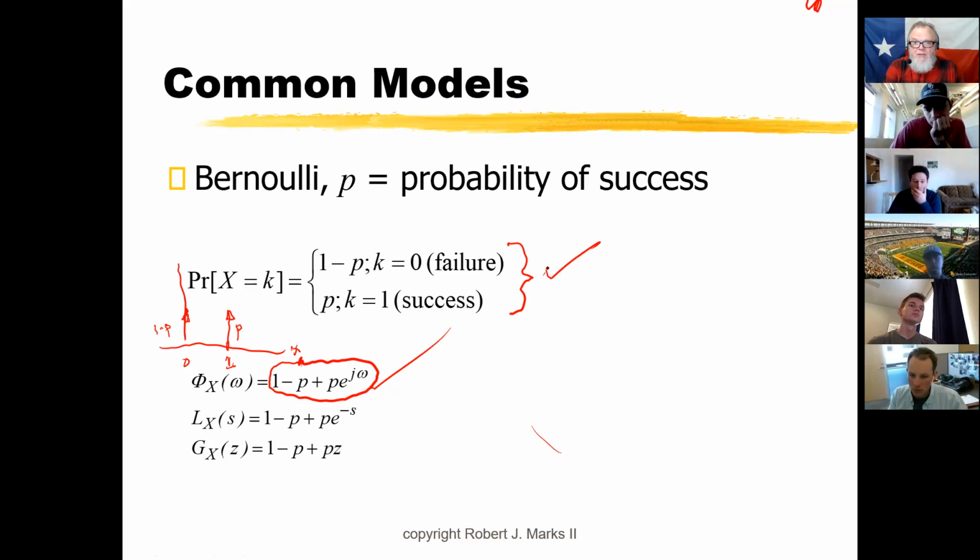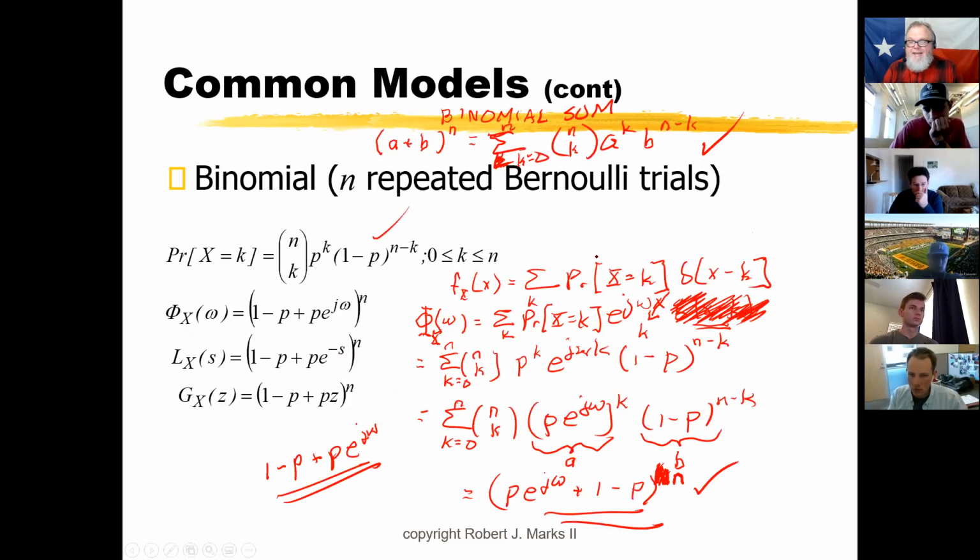If we convolve this with itself n times, do we get the binomial? Yeah, we do. So just like with the die, remember the rectangle gave the result with the triangle. Here, if we take just that 1 and 0, that P and 1 minus P, the Bernoulli random variable, and we convolve it with itself n times, we're going to get a binomial.